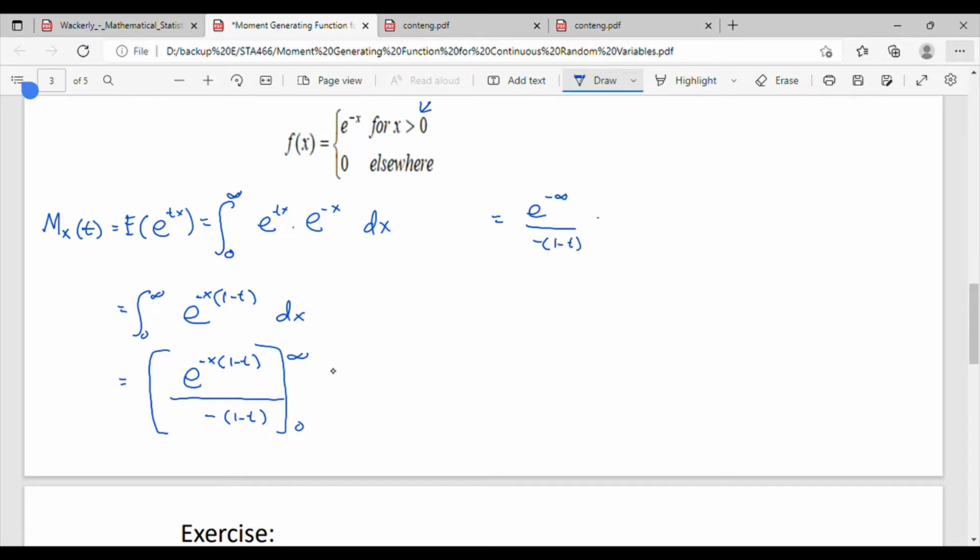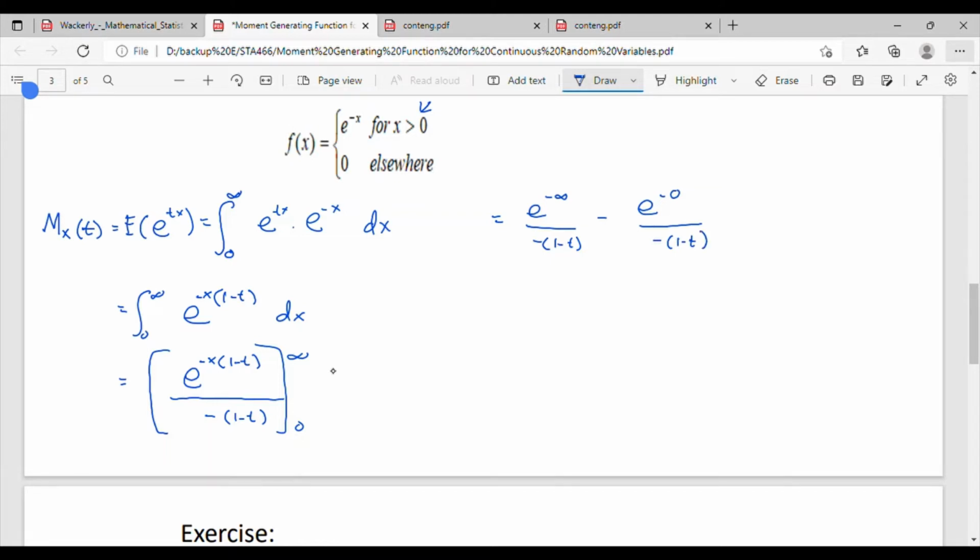Okay, minus dengan e power of negative 0. Kenapa saya letak 0 kat situ? Any value constant multiply dengan 0 akan dapat 0. So e negative 0 divide dengan negative 1 minus t.